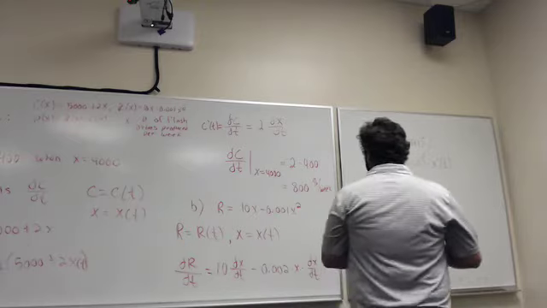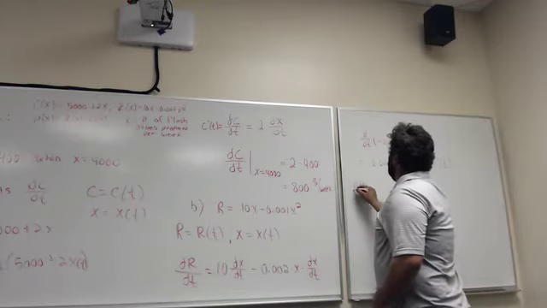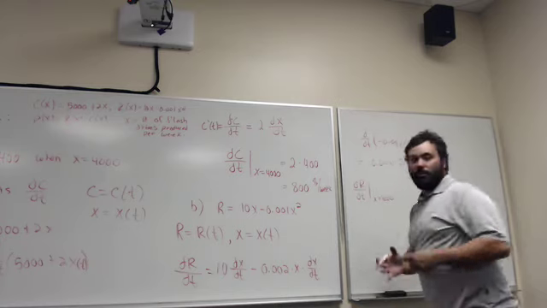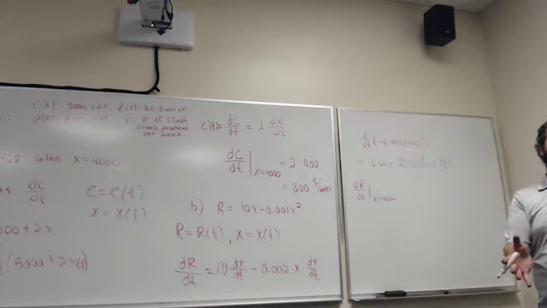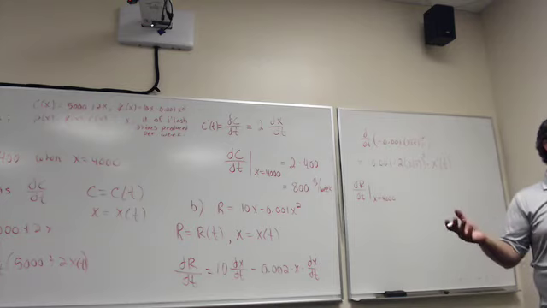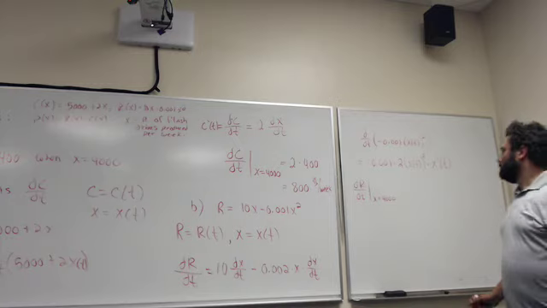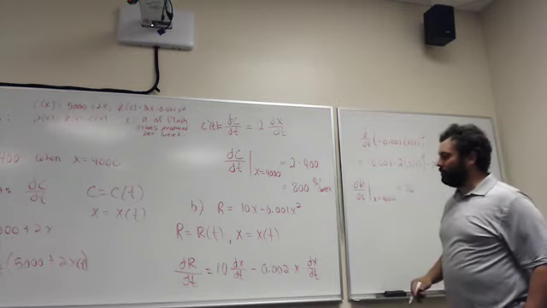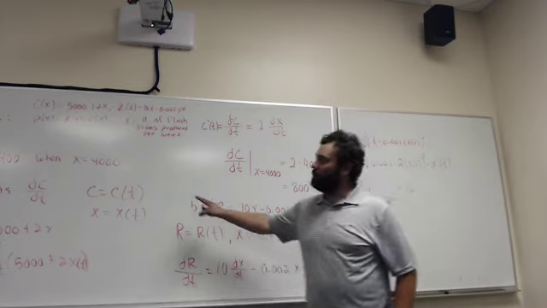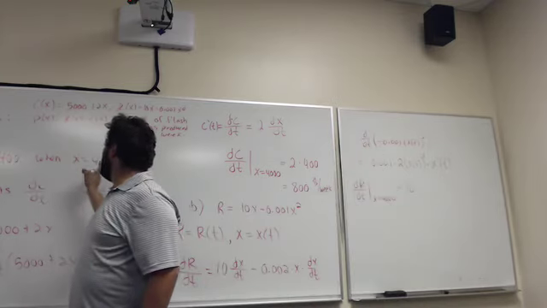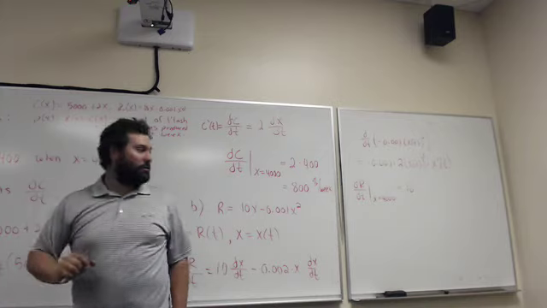And then finally, if I want dR/dt when we've already produced 4,000 units, how much is my revenue going to increase or decrease per week at that production level? This is going to equal 10 times, well, did we know dx/dt? That was the given rate. We're producing 400 flash drives per week when we're already at a production level of 4,000.